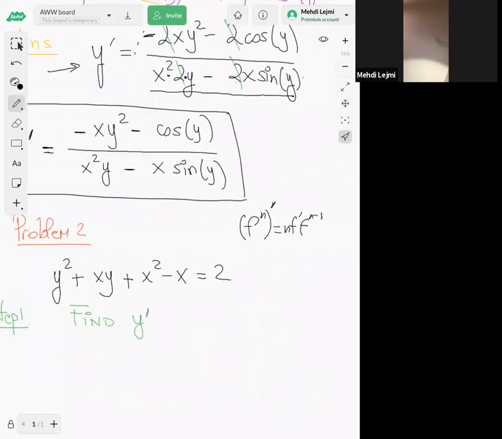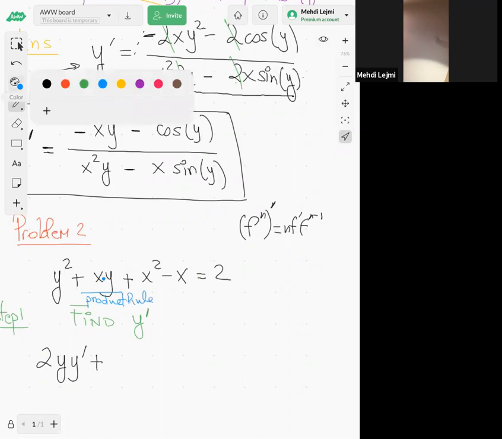So derivative of y squared would be 2y prime, plus, now x times y, that's a product, so we have to use the product rule. Derivative of x is 1 times y plus x times derivative of y. Derivative of y is like saying derivative of f, which is f prime. So derivative of y is just y prime.